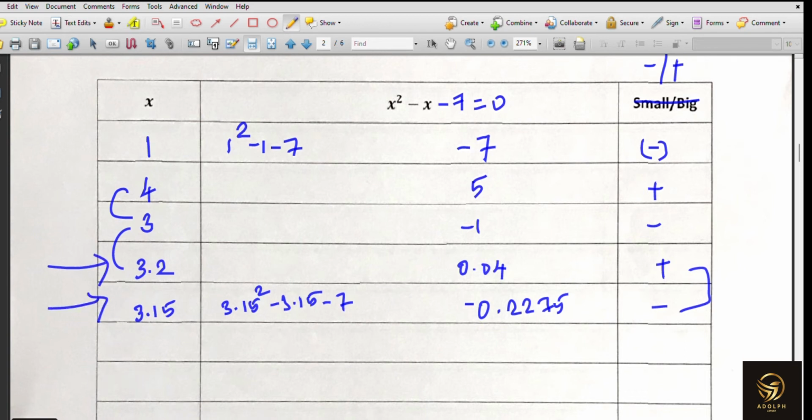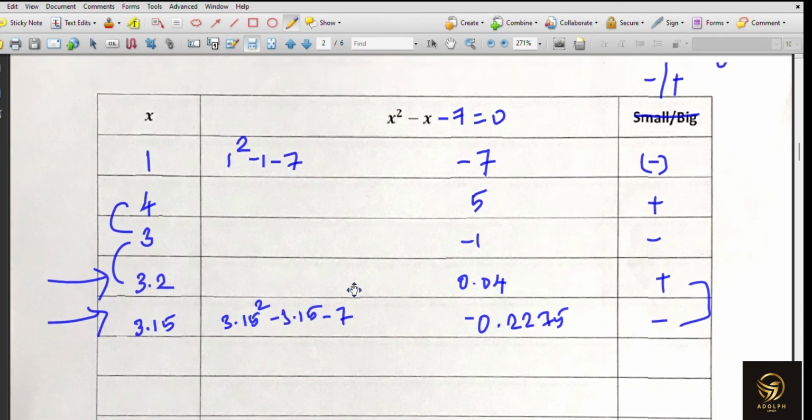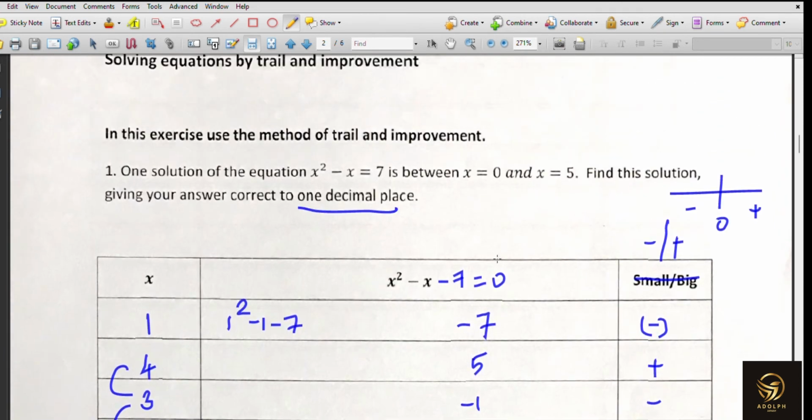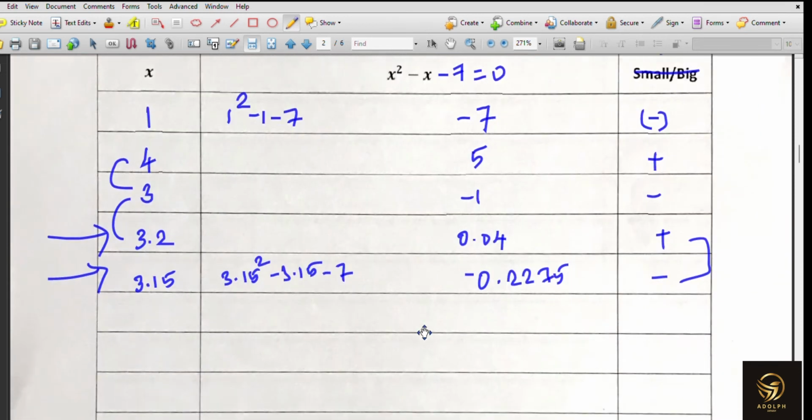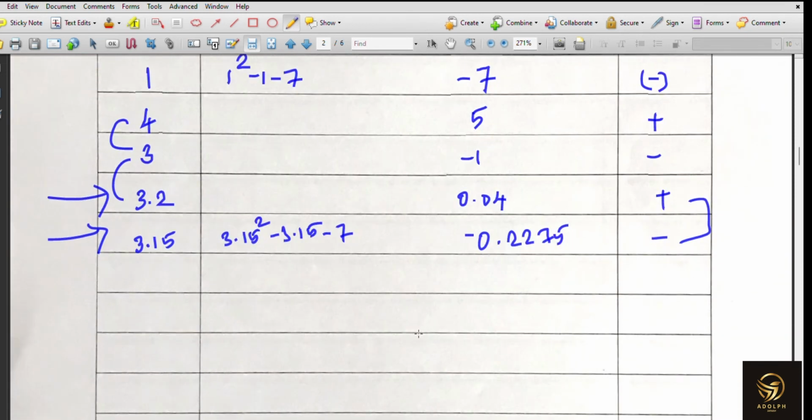I'm not going to do the 10 steps like in the previous problem. Why am I stopping? Because they have asked us to give the answer to one decimal place. So I know that the answer is going to be in between 3.15 and 3.2.